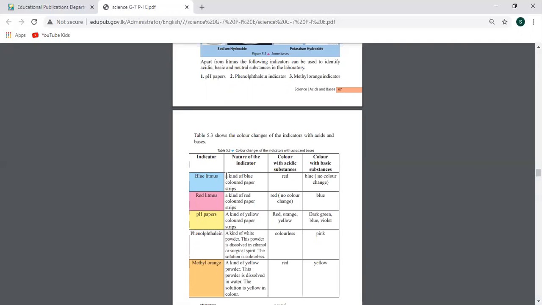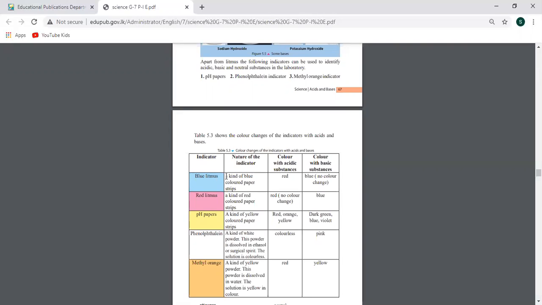And when we have pH papers, acids will change the color to red, orange, or yellow, but basic substances will turn dark green, blue, and violet. And phenolphthalein will be colorless in acids, and in basic substances, it's pink.